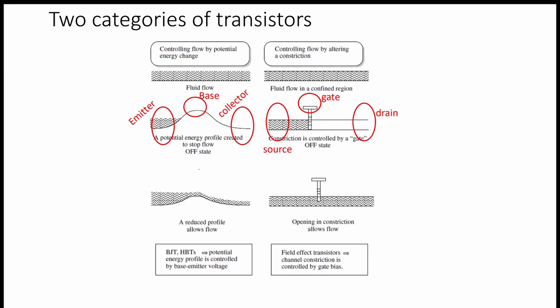There are two categories of transistors which we can see. Let me give you an example of water flowing through a tap. If this is a pipe, the extent of water flowing through the pipe is controlled by the valve, which controls the flow of water.